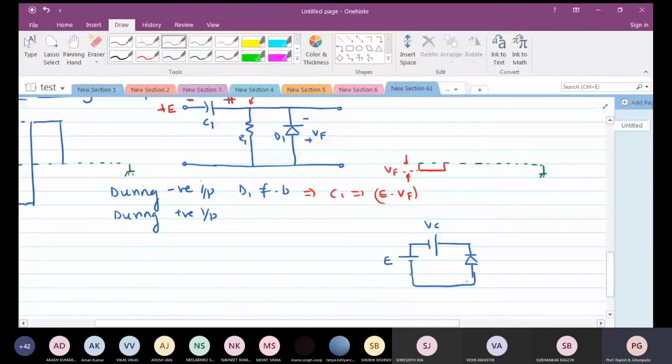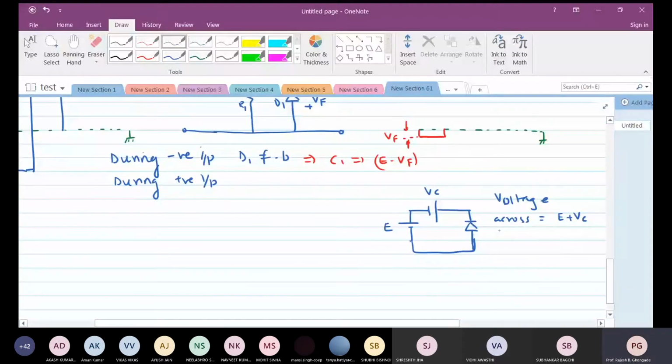So what is the total net voltage across the diode? E plus VC. Same. Basic.